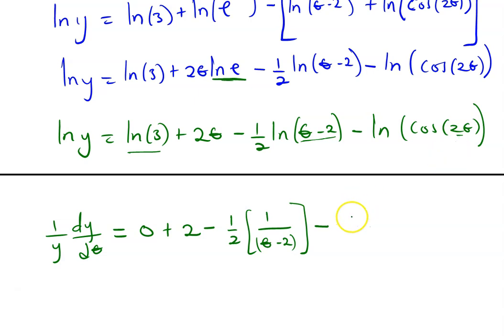So we get minus 2 sine 2 theta, multiplied by 1 on cos 2 theta. Very good.